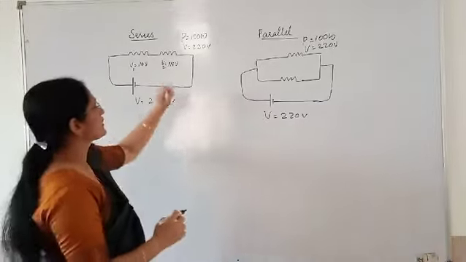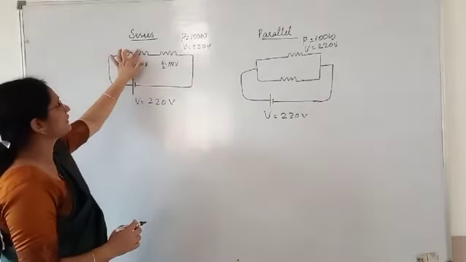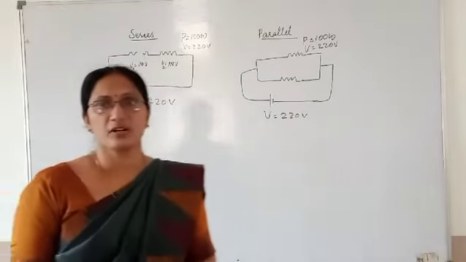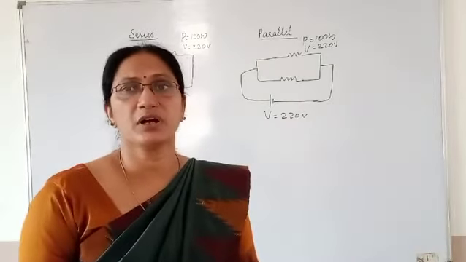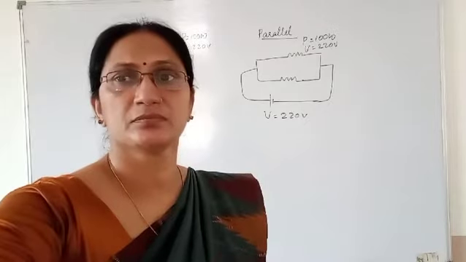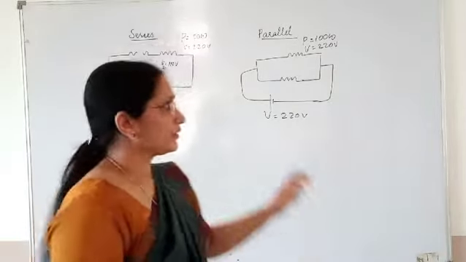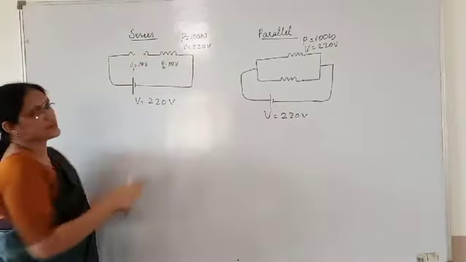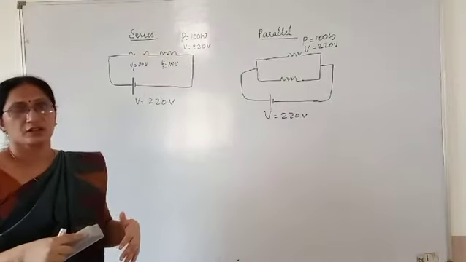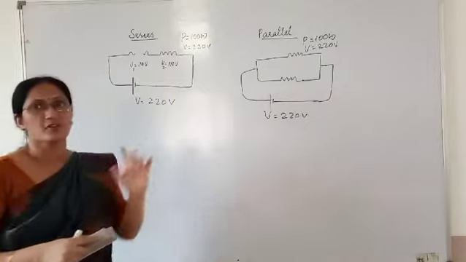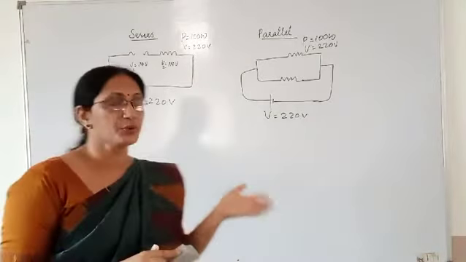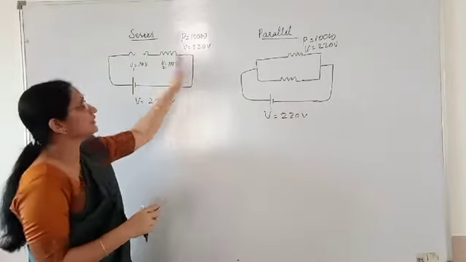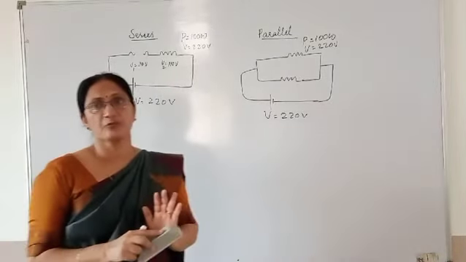Suppose the filament of the first bulb is damaged. If it is broken, what about the other bulb? In a series combination, if one bulb gets damaged, the other one can't function because the circuit becomes an open circuit or broken circuit, current cannot flow, so the other devices also stop functioning.